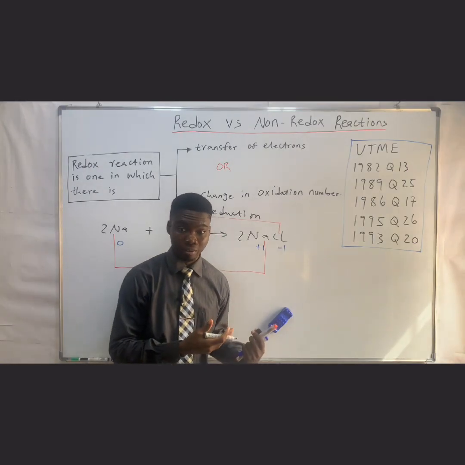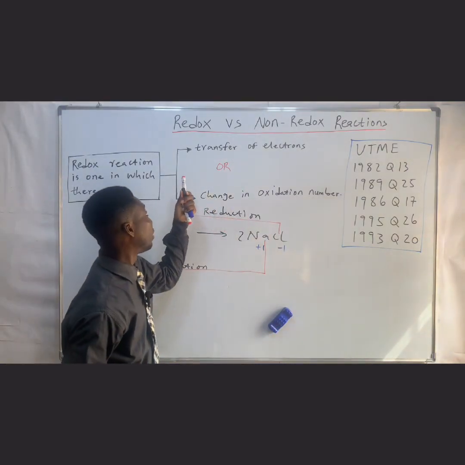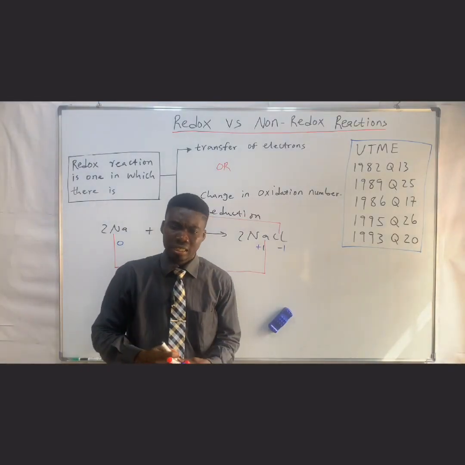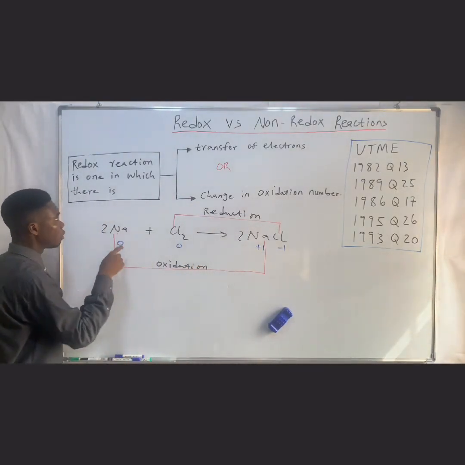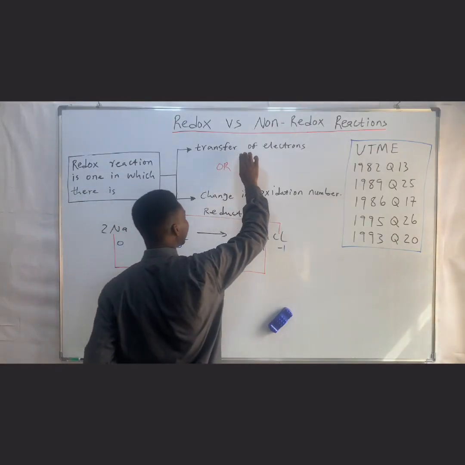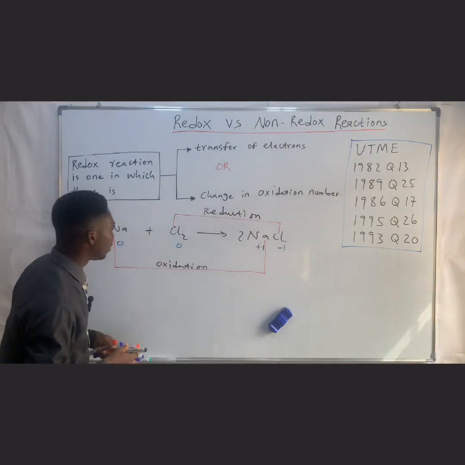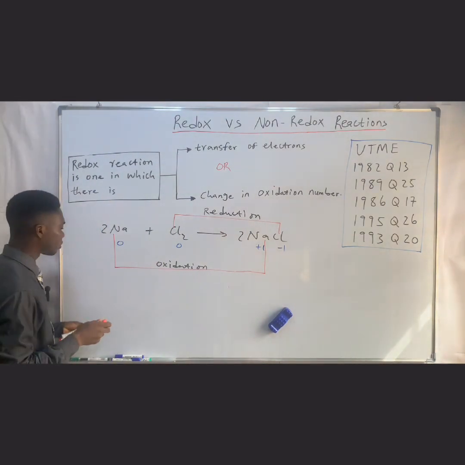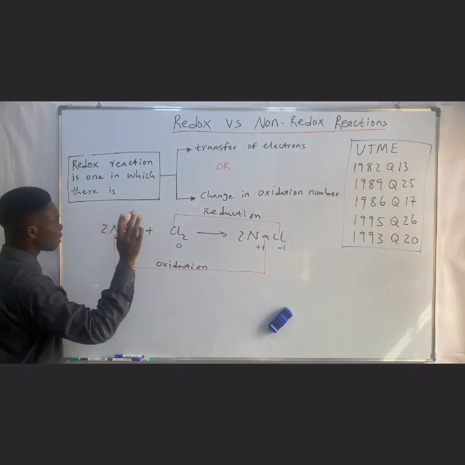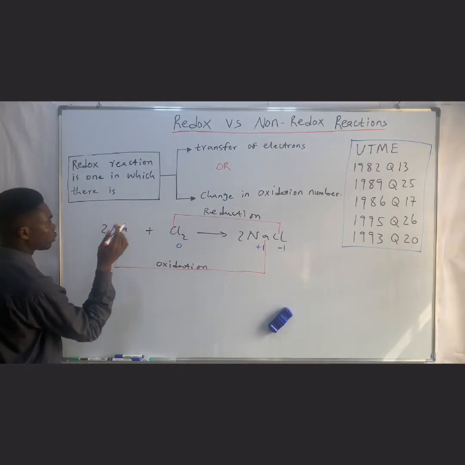So that is what we're talking about regarding redox reaction. Before that, I need you to know something. Now, let's talk about it on the basis of transfer of electrons. I need you to have a picture of this.